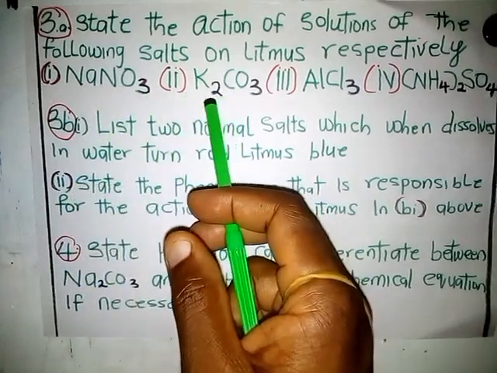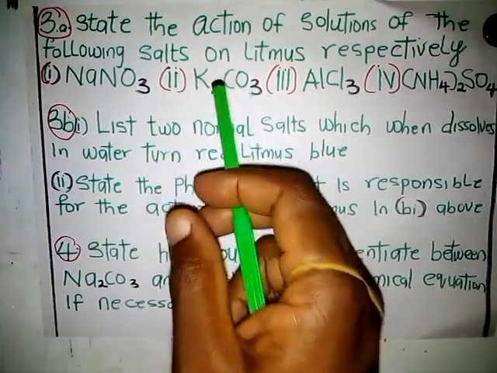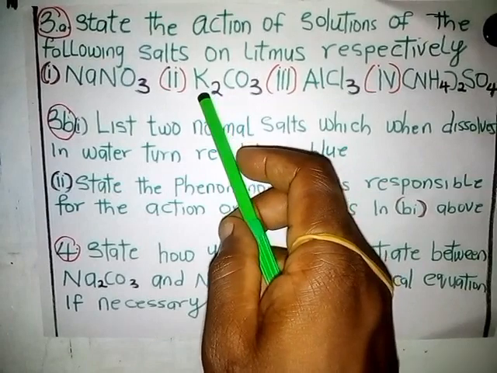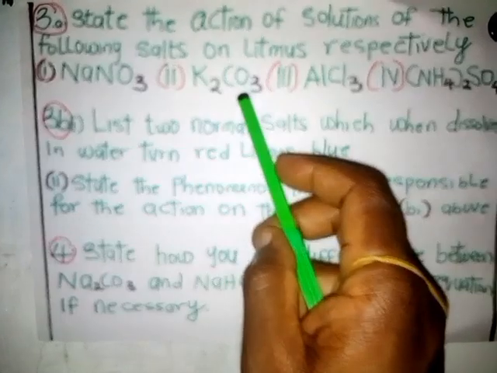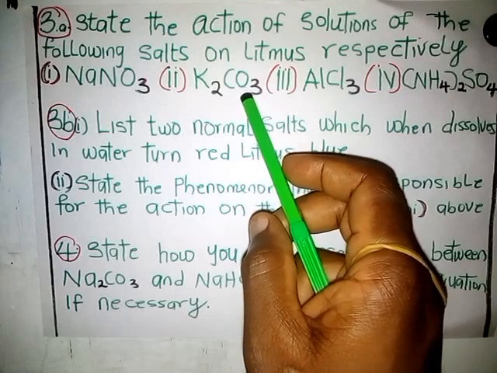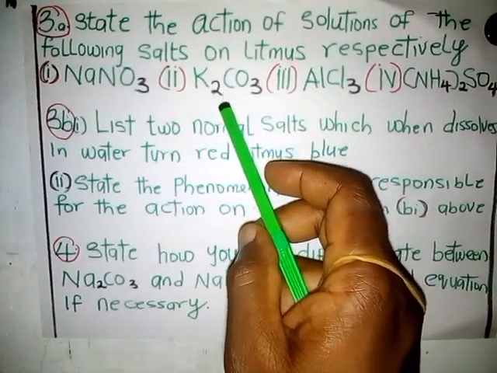Then for this one, potassium carbonate, of course, this is formed from a strong base and a weak acid, and so the color is supposed to change from red to blue for this one.